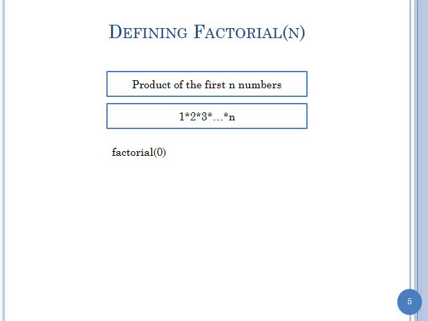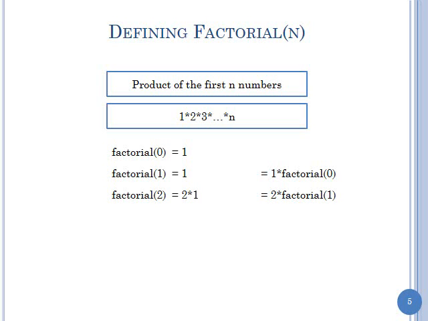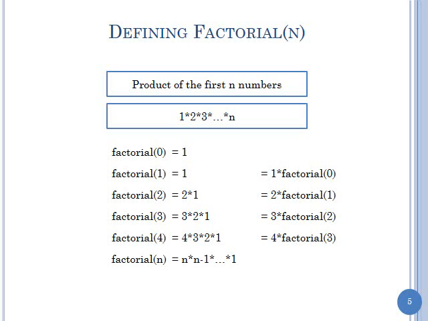Okay, you would say, well, factorial of 0 is 1, factorial of 1 is 1. But we see a pattern here, right? And factorial of 2 is 2 times factorial of 1, right? And so the factorial of some n is n times factorial of n minus 1.